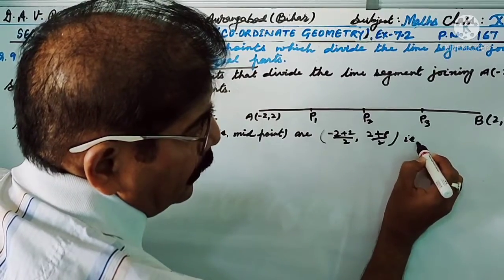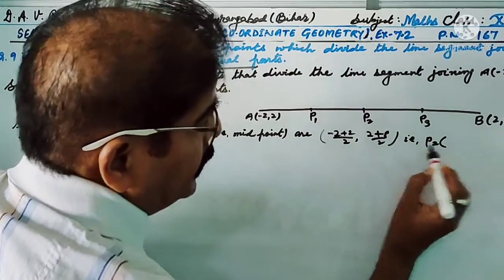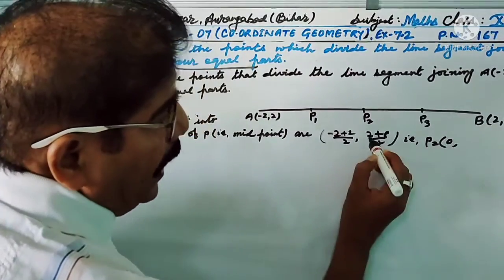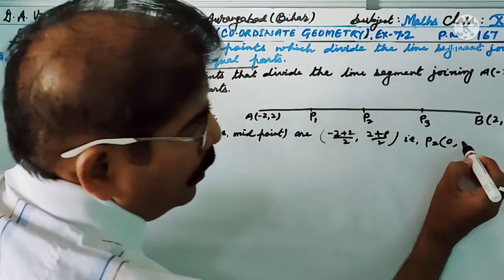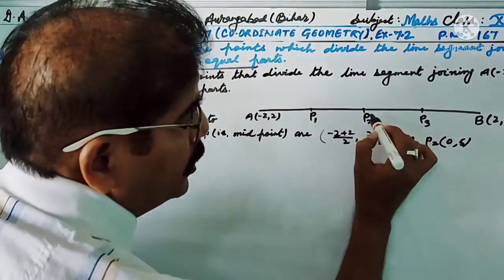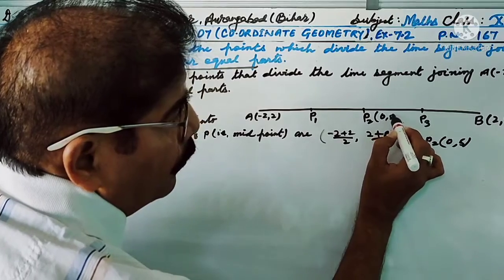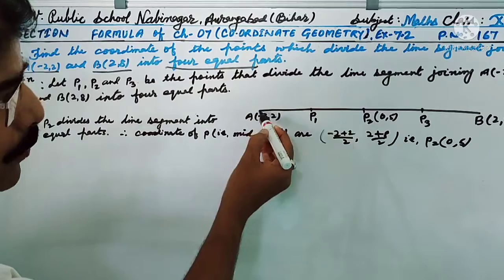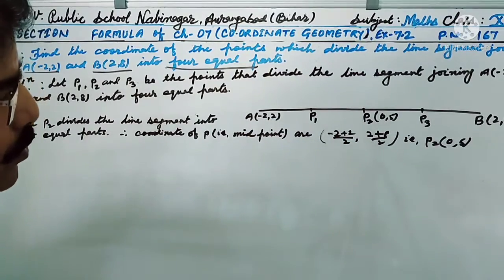That is, P2 is (-2 + 2 = 0, 0/2 = 0) and (2 + 8 = 10, 10/2 = 5). So the coordinate of point P2 is (0, 5).